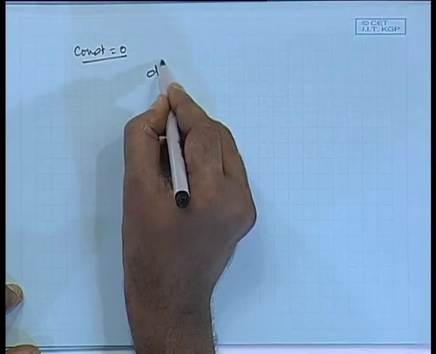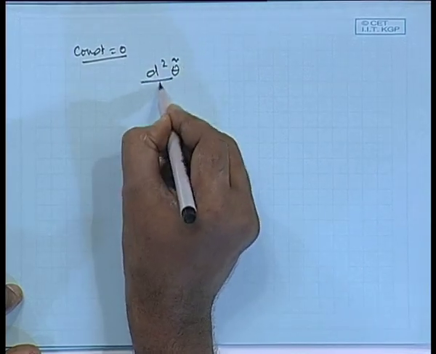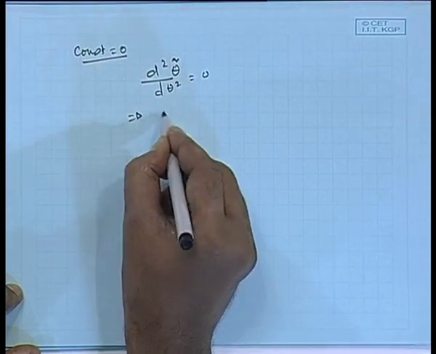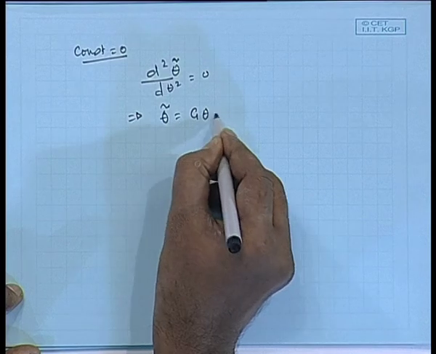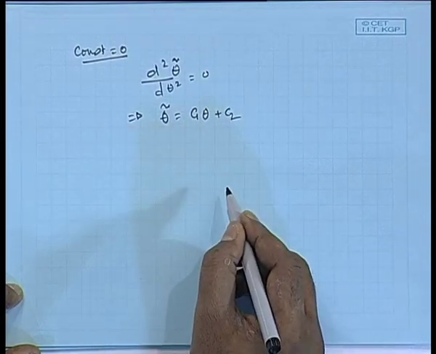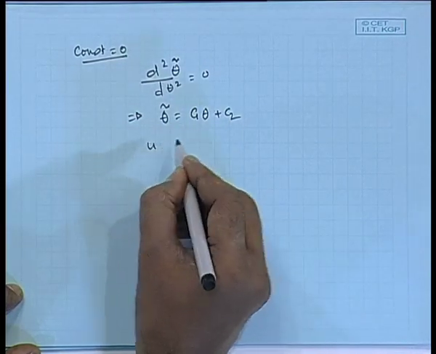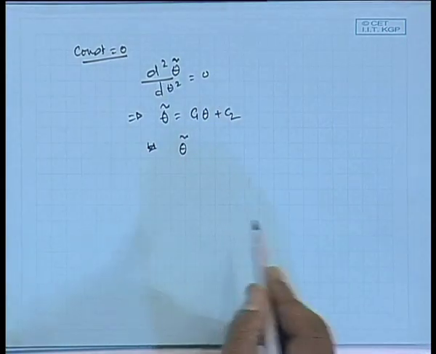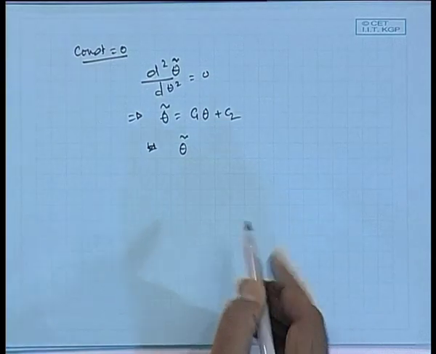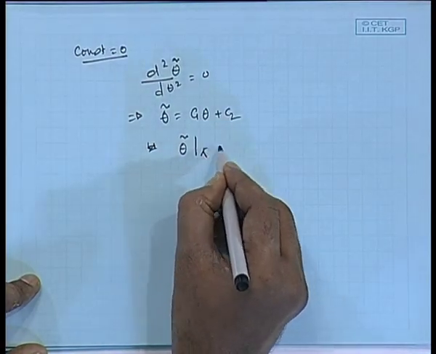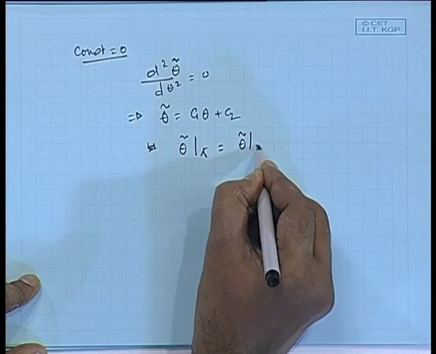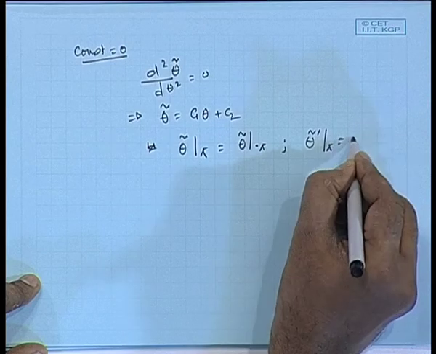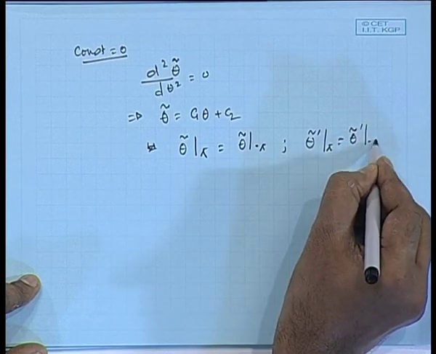So, it becomes d square theta hat d theta square is equal to 0, right. That means your theta hat is C1 theta plus C2, right. Your theta hat must satisfy the boundary conditions on theta of the original problem. That means theta hat at pi is equal to theta hat at minus pi, theta hat prime at pi is equal to theta hat prime at minus pi.